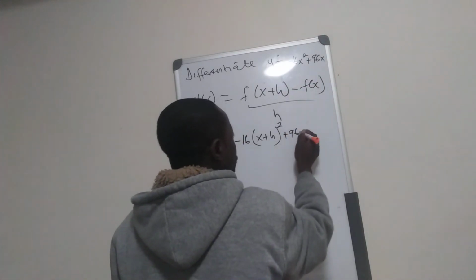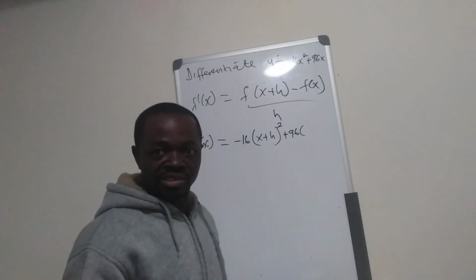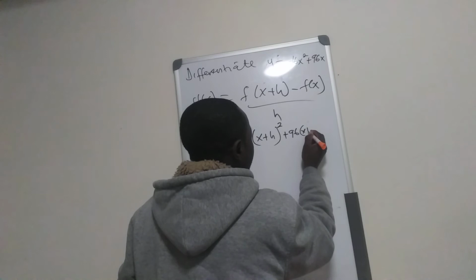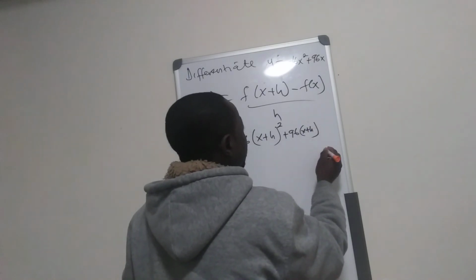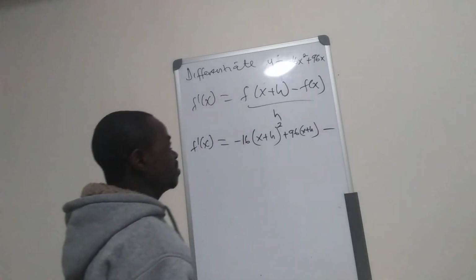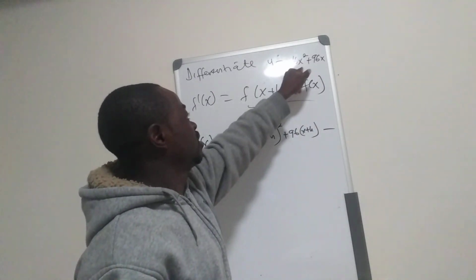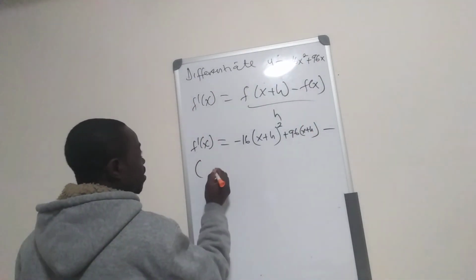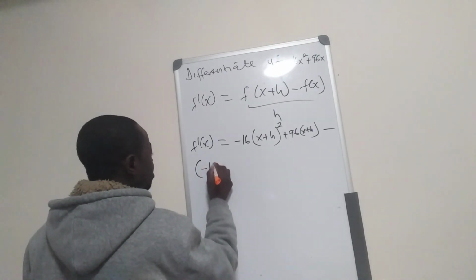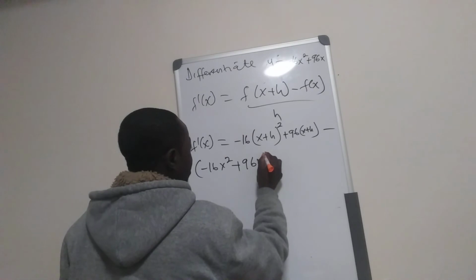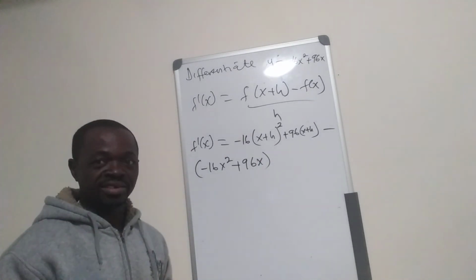There's an x here, so you replace x by x plus h. Right? And minus the function. You put the function f of x. This is the whole function, so this is in brackets: minus 16x squared plus 96x. Right, we're having some fun.